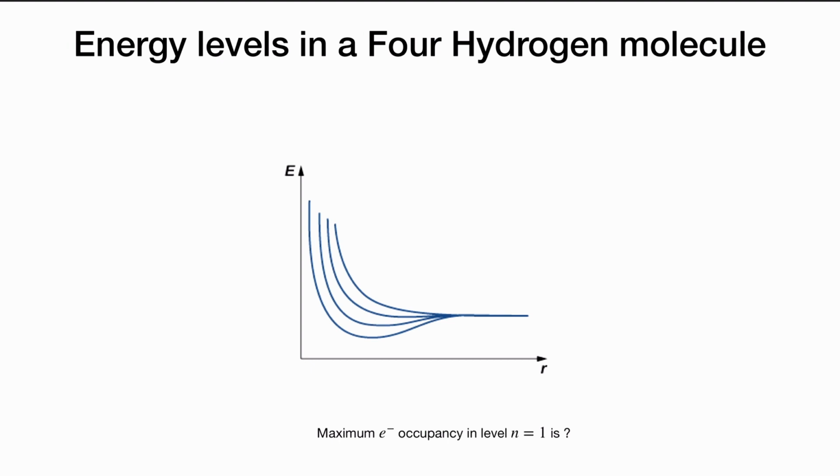Now, what if we had more than just 4 hydrogen atoms? Let's suppose we had 10 to the 23 hydrogen atoms in this one sample. Well, you might imagine that there's going to be a lot more lines here for this molecule.